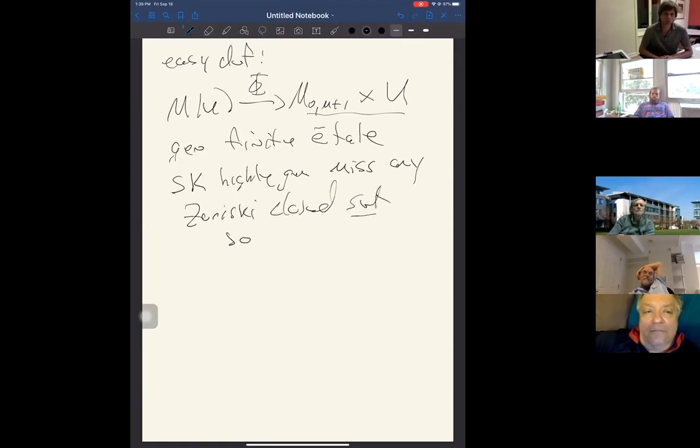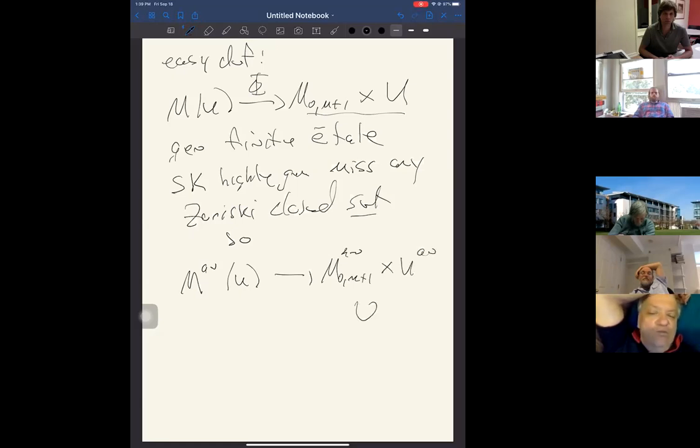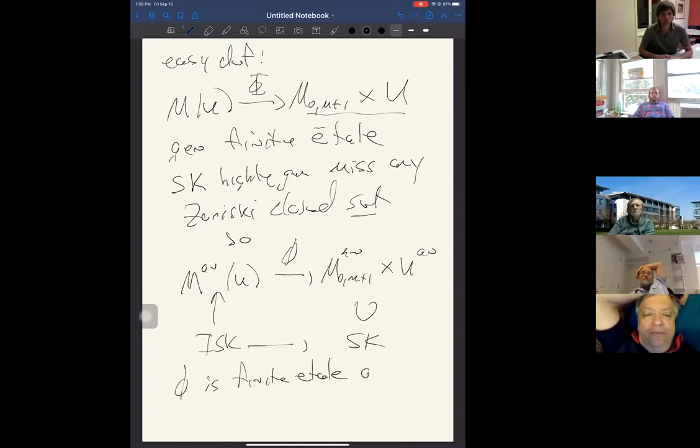And so when I go to the tropical picture, when I go to the analytification here, and inside of here I have the skeleton, and here I have ISK. This is phi. That phi is finite étale around SK.